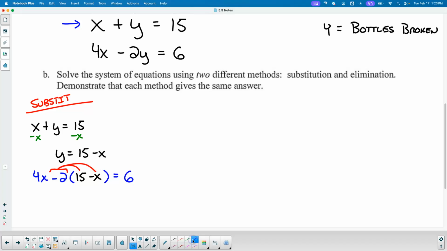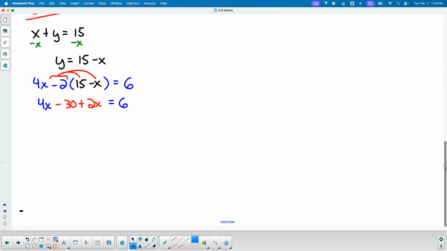So that's going to give me 4x minus 30 plus 2x equals 6. 4x plus 2x is 6x. Minus 30 equals 6.